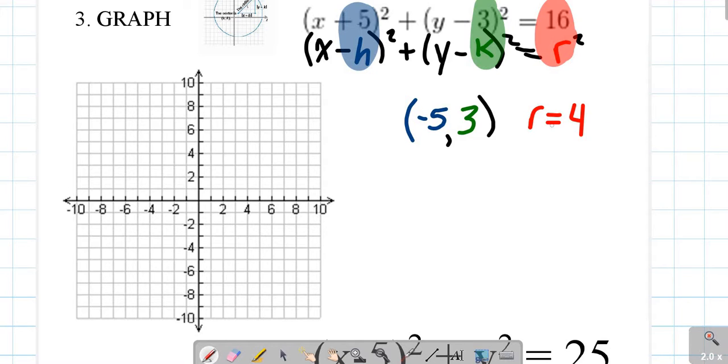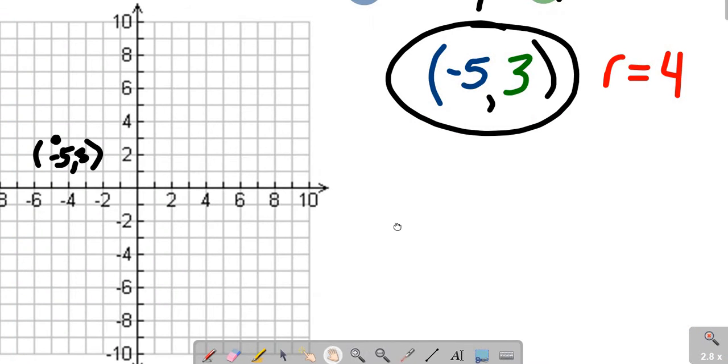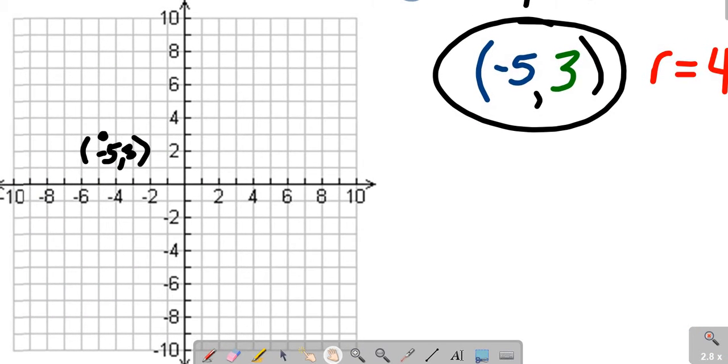So I see my center here has to be (-5, 3), radius of 4. So I start by plotting that center point. Make sure you always label your centers. There's your center point. Now, your radius is 4. So from that center point, go up 4.